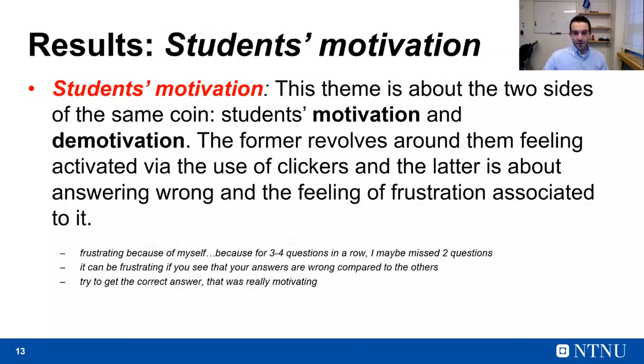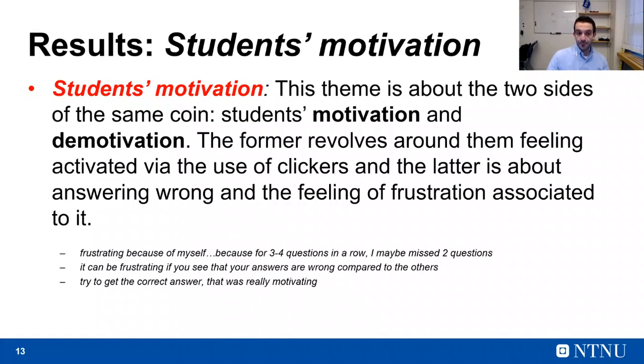And the last observation is related to students' motivation, and this has two sides. One is that, of course, students feel more motivated because they are more engaged, and because they have something to expect during the lecture, a quiz to answer.